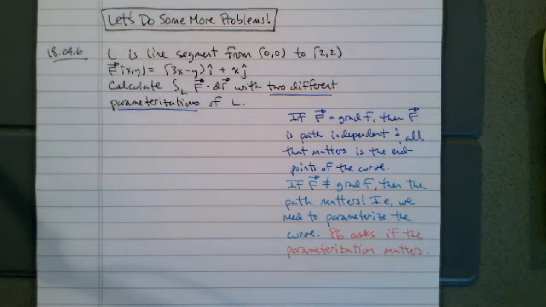Problem 6 is asking that, but it doesn't truly address it. It just gives you one particular instance. But these are the things that we want to think about when we're looking at this problem.